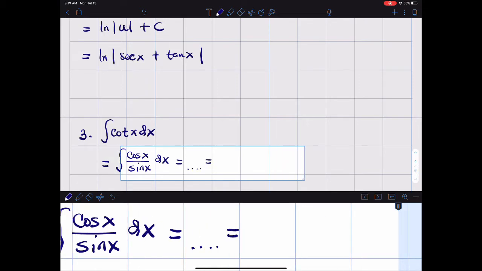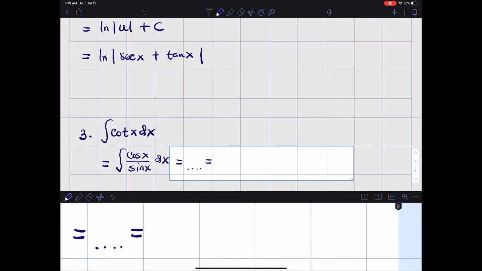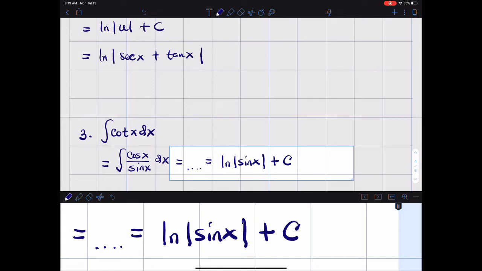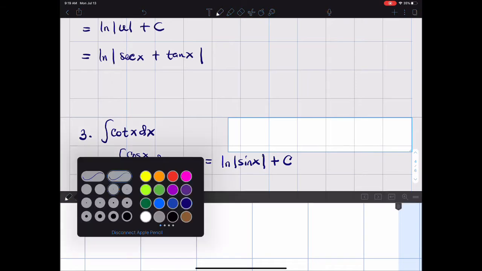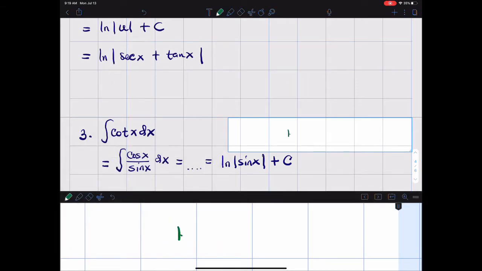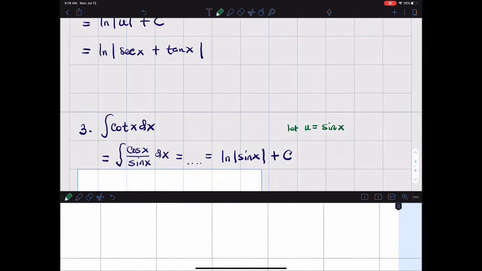If you let u be sine x, in this case you end up with an answer that is natural log of sine of x plus c. So here you're going to let u equal sine x and do the whole thing. Look for du, replace dx with du times something.